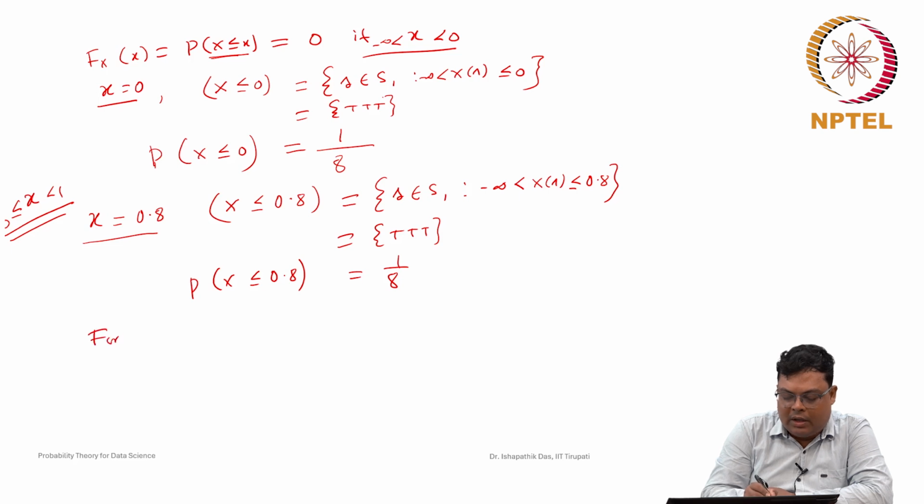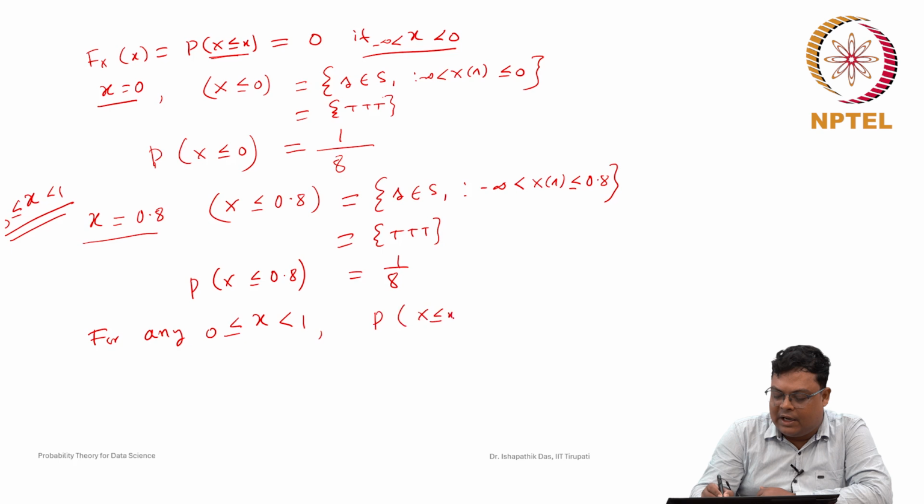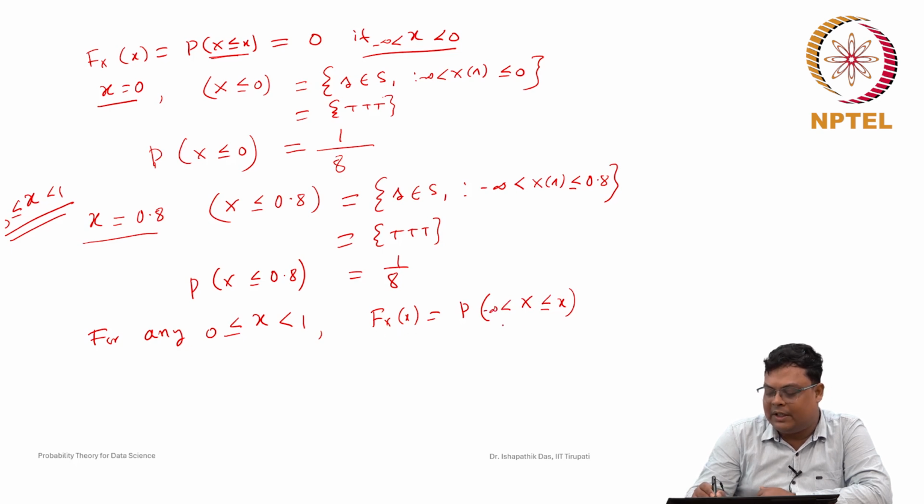So for any small x greater than or equal to 0 and less than 1, the probability that X is less than or equal to x, this is the distribution function F(x), is the probability that X is less than or equal to small x, greater than minus infinity. So this is the F(x) definition.